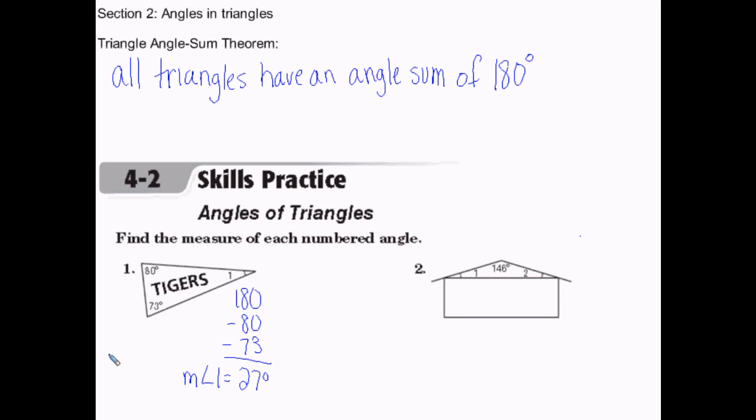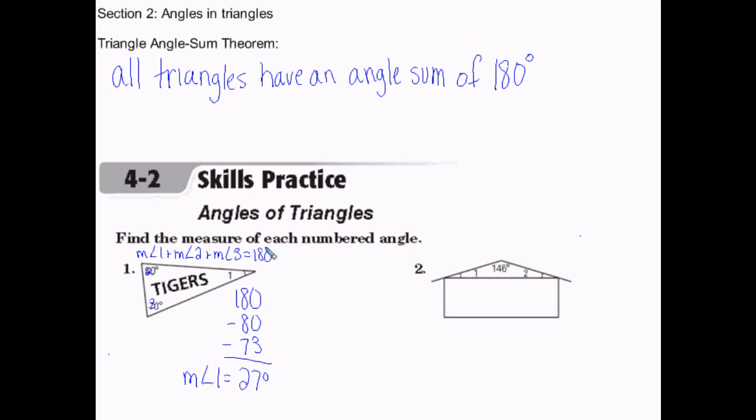You can just subtract 80 from 73. No, I had to subtract both. All three together are going to add up to 180. So in any triangle, if I label this number 2 and that number 3, just hypothetically, then all three angles will always add up to 180.